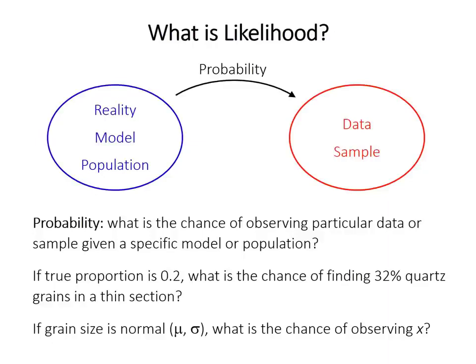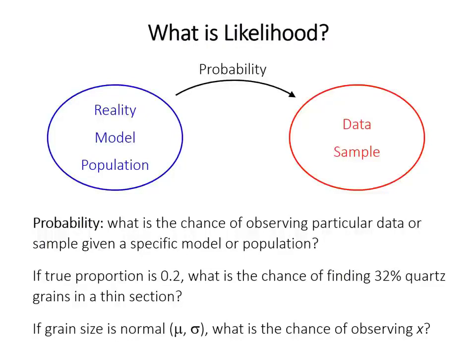So to introduce the concept of likelihood, let's first think about probability, which you've heard about before in this class. For probability, we can assume that we know something about the underlying reality, or the true model, or the overall population, for example. We can then ask, what is the chance of observing this particular data, or sample, given that known reality?